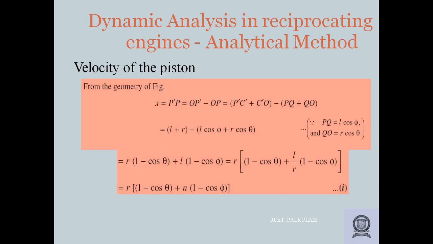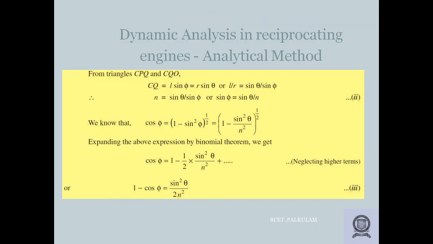So the displacement of the piston is given from the figure as R into (1 minus cos theta) plus n into (1 minus cos phi). For the triangles, cos phi is equal to (1 minus sin square phi) the whole power 1 by 2, which is equal to (1 minus sin square theta by n square) the whole power 1 by 2.